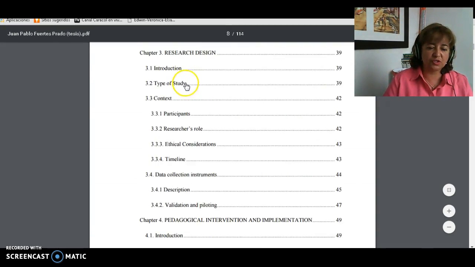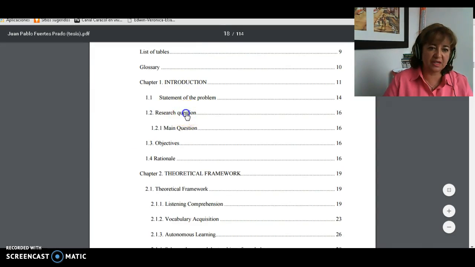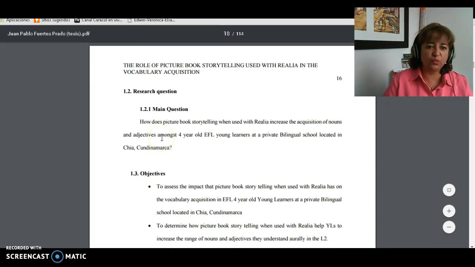The research question should be as specific as possible, so it will guide you. The strategy, the population, and let's say the final target. This person says increase the acquisition of nouns and adjectives.